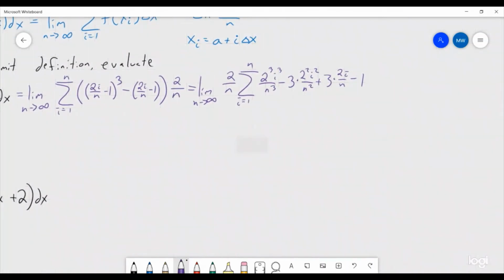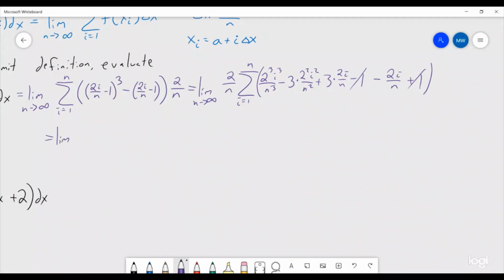Then we have a minus 2i over n plus 1, minus 1, those will cancel. So there we go. We've got all of that, and now we just need to figure out what on earth that is. Well, let's break this up into a bunch of pieces and evaluate each one separately.